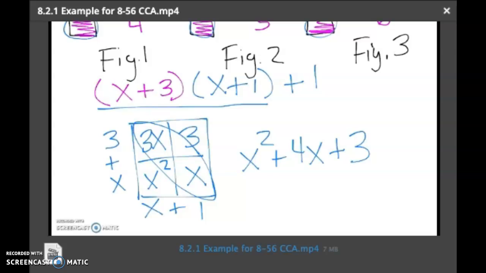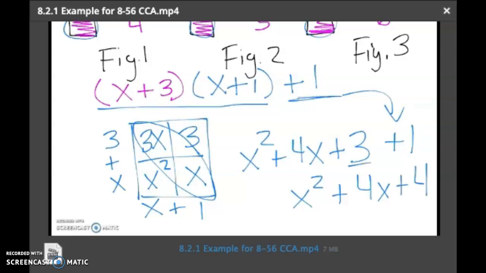The other piece I need to add to that is this 1 that is hanging here, so I need to add that in. So now I have X squared plus 4X plus 4 when I combine those. And remember, Y was my number of tiles. So there is my final rule. Y equals X squared plus 4X plus 4.